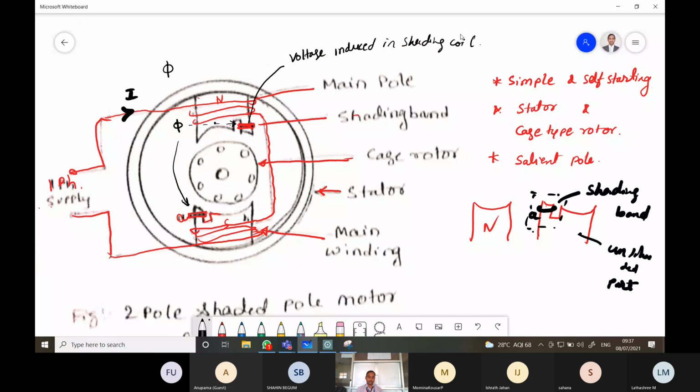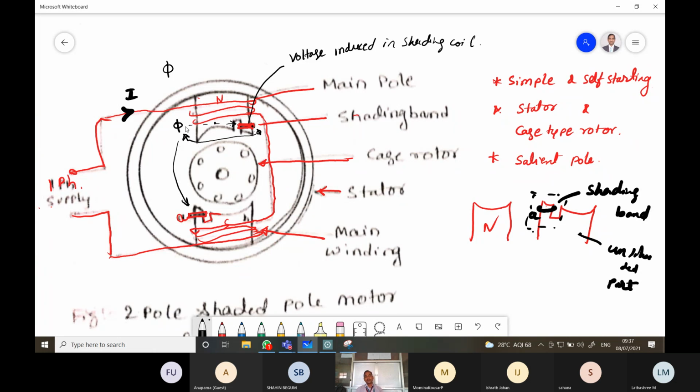So what happened now? The induced current produces a flux called the induced flux, which opposes the main core flux. Whatever flux is produced in the shading coil opposes the main field flux.